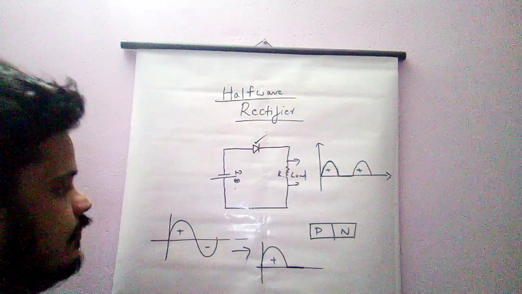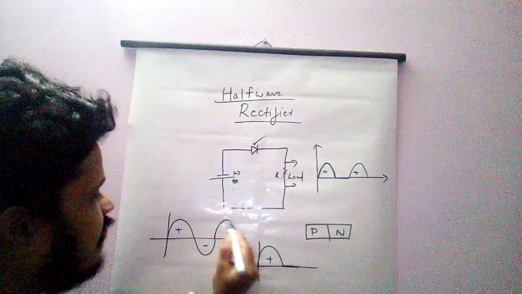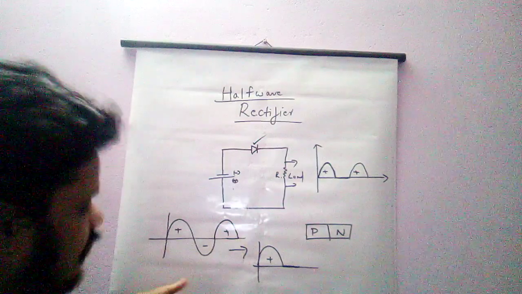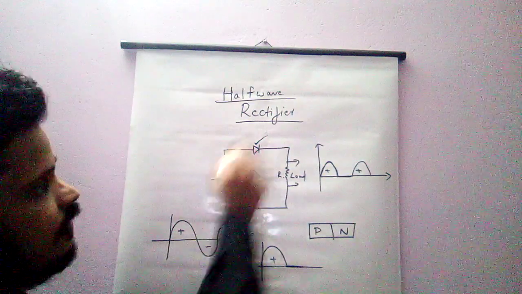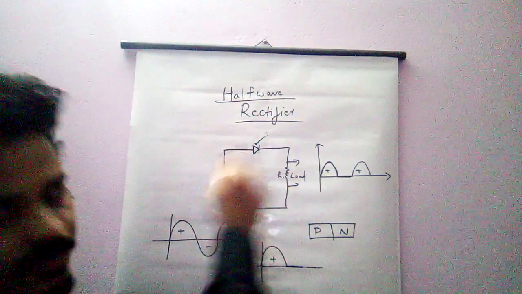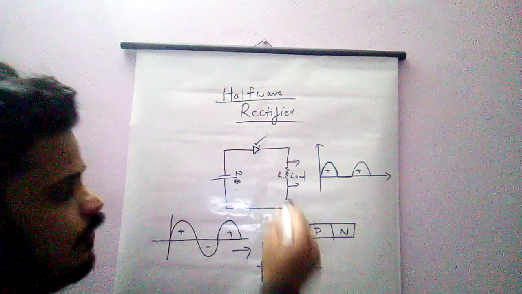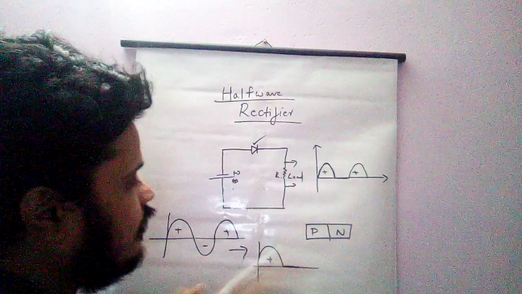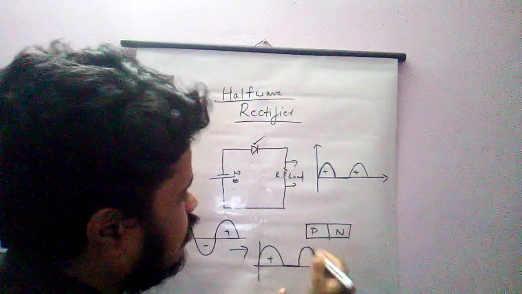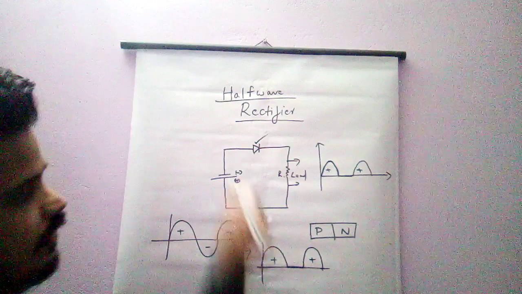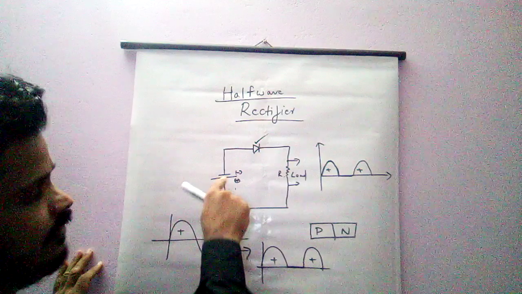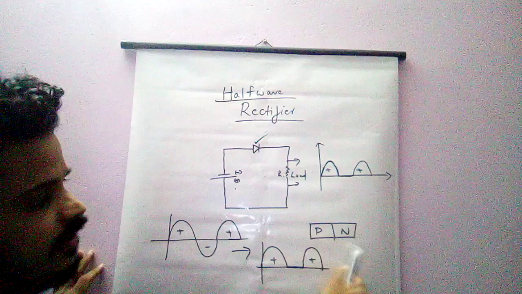Now comes the next positive cycle, and the process repeats: this becomes positive and this negative, the diode conducts, it becomes forward biased, and we get the output. During the next negative half cycle it gets reversed, becomes reverse biased, and we do not get the output.